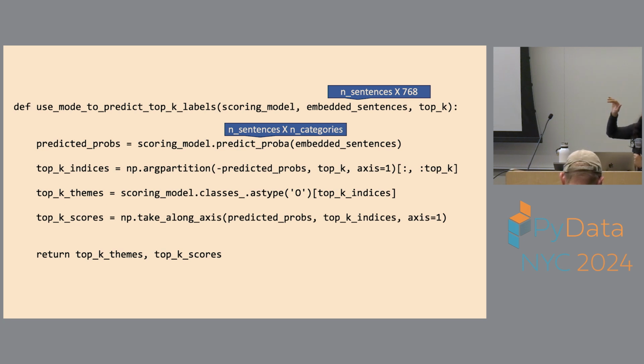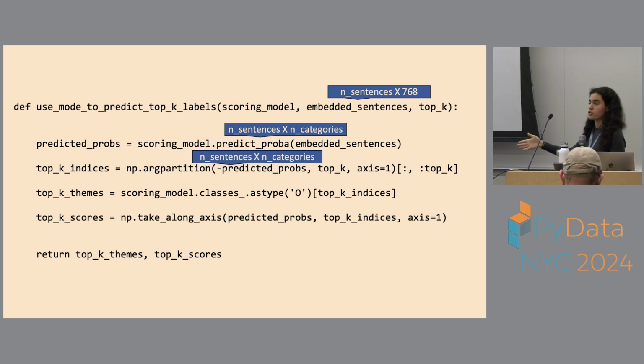So what I'm trying to do is to take the top K, right? I'm not interested in reverse sorting the themes based on the probability. What I'm interested in is simply the top K. So we're going to use argpartition instead of argsort. And it's going to be a lot faster, specifically when K is much smaller than n categories, which in this case, we said 5 and 20. It doesn't make that much of a difference, but obviously as this tool grows, we might be wanting to score with a higher and higher number of categories, and so we have to implement this the correct way.